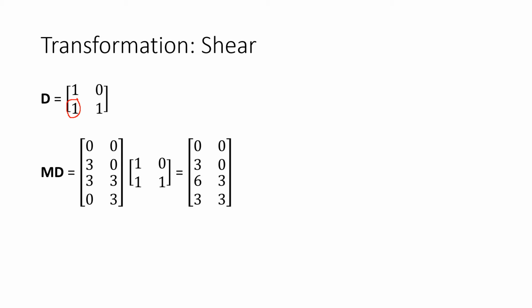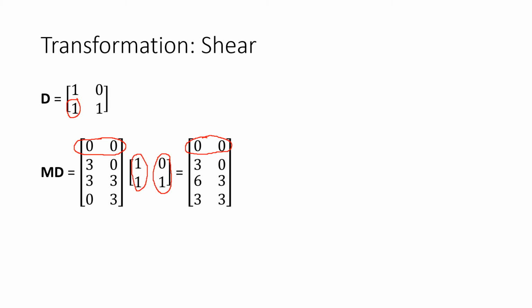We notice, again, going through each entry, every time we do the dot product with the origin, everything is all zeros. So this type of transformation, the scaling or the shear, leaves the origin fixed.